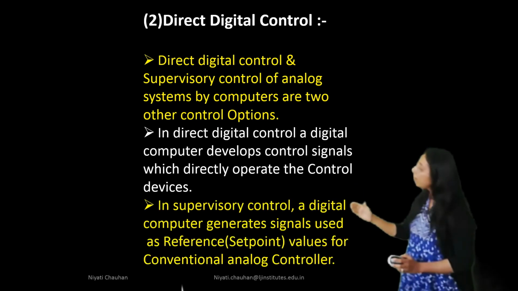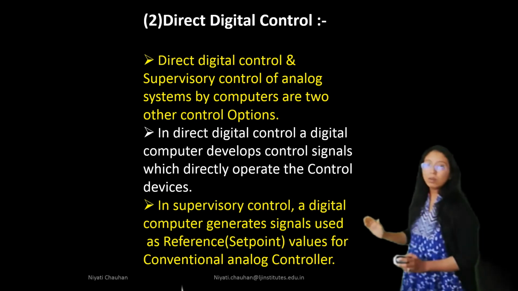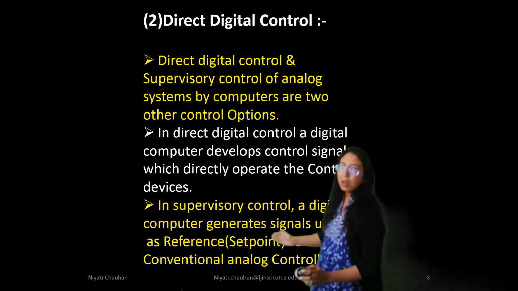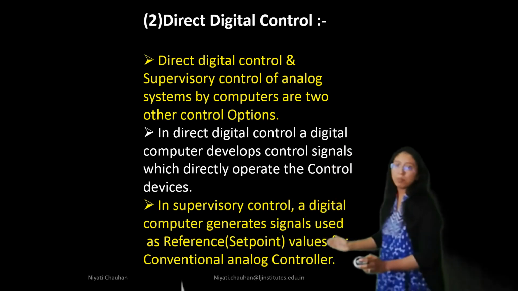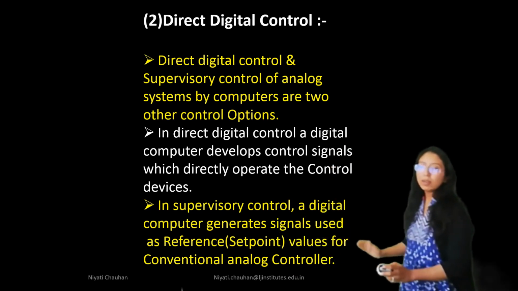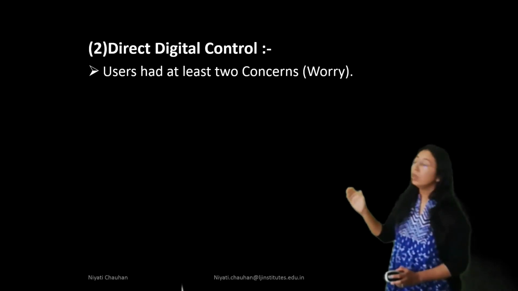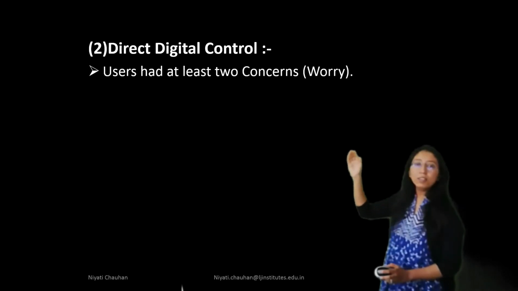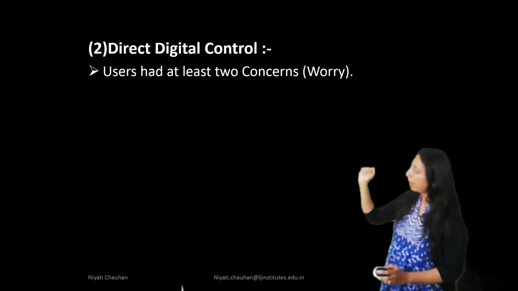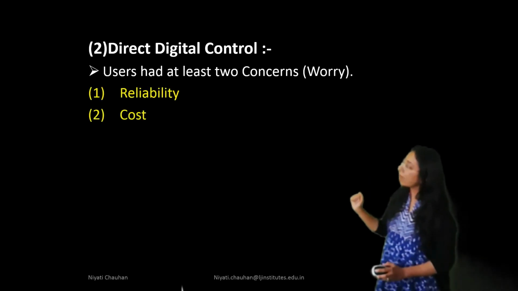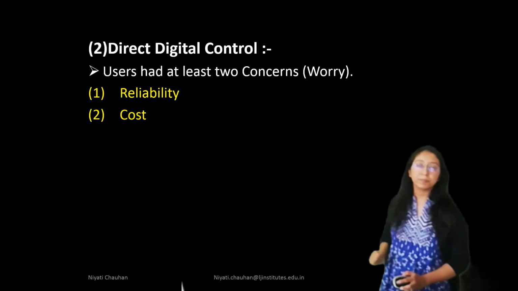In supervisory control, a digital computer generates signals used as reference set point values for conventional analog controllers. In direct digital control, users had at least two concerns: first reliability, and second cost.